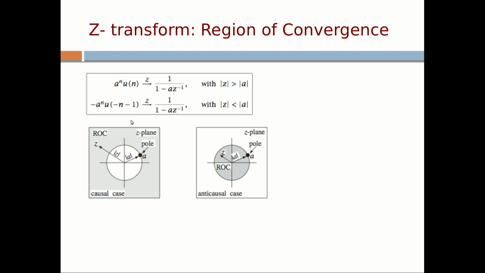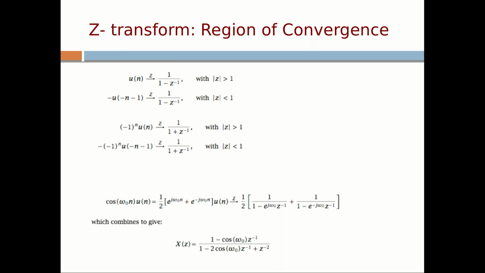And these represent the ROCs for equation 1 and equation 2 respectively. So this would be a causal case and this would be an anti-causal case. Causal is because we have only inputs from n greater than 0, but here we have inputs which are of negative time and thus it is anti-causal.